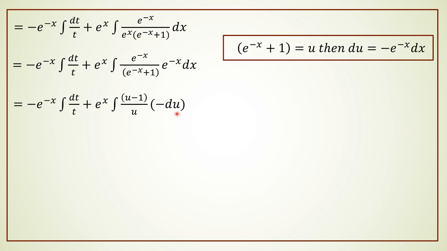Okay, therefore I have written it as minus du over here. Okay. So the minus sign, I am just taking outside the integral, and observe over here the first integration. Integration of dt by t is ln t. Okay. So you have yp is equal to minus e^(minus x) ln t minus e^x into (u minus 1) divided by u, and the integration is with respect to u.